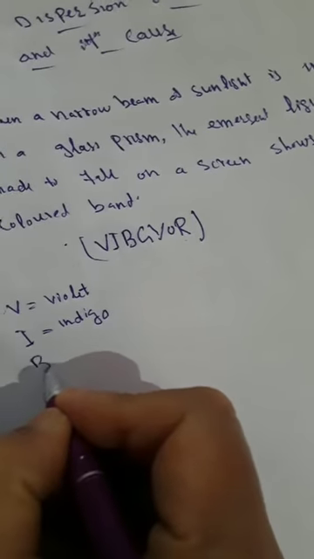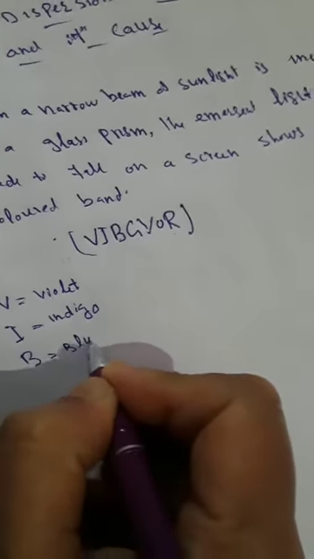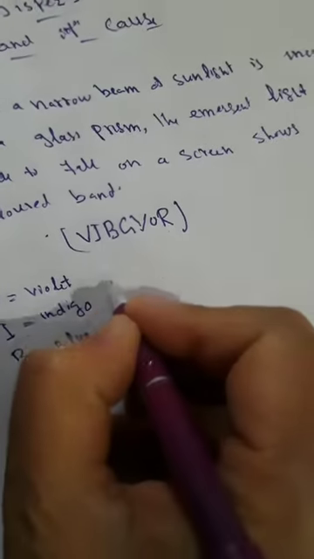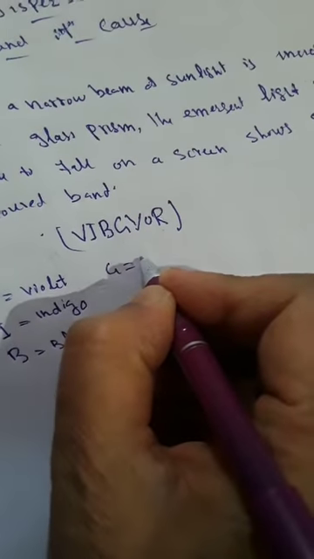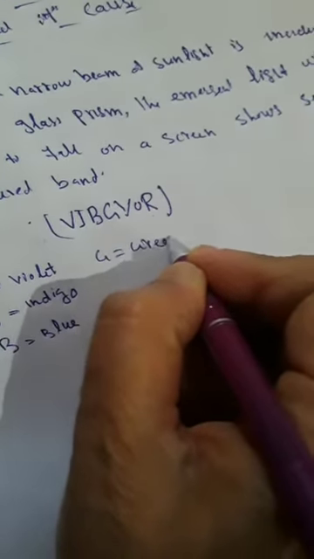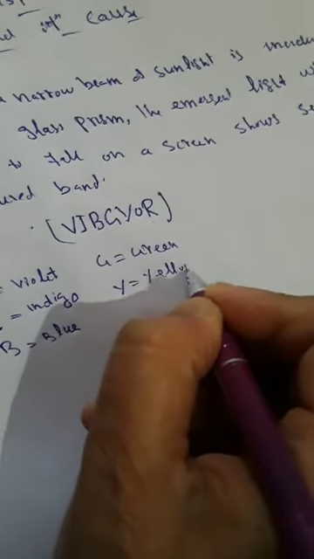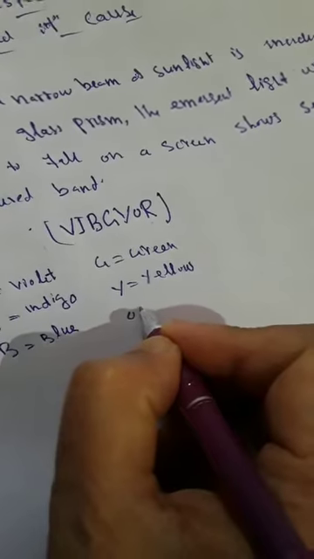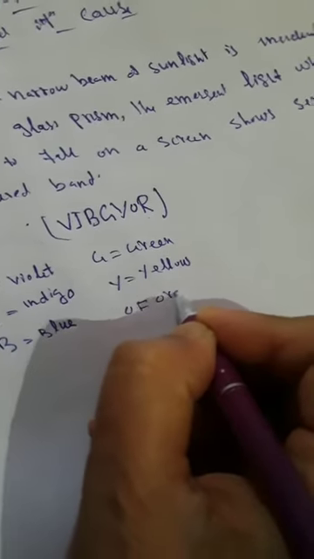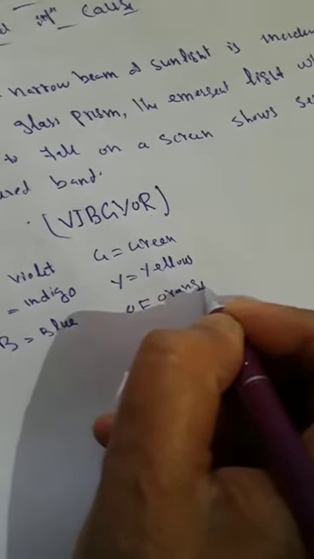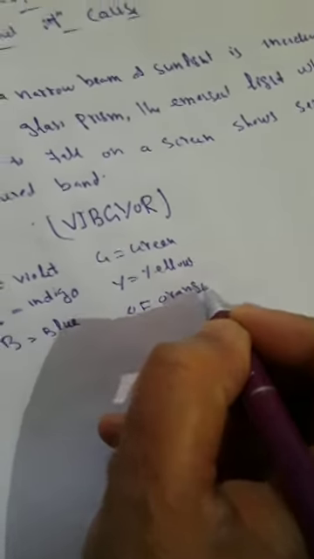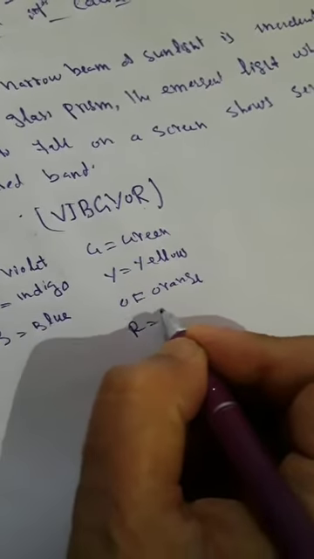B stands for blue. G stands for green. Y stands for yellow. O stands for orange. R stands for red.